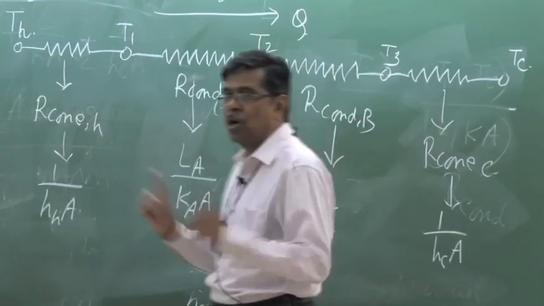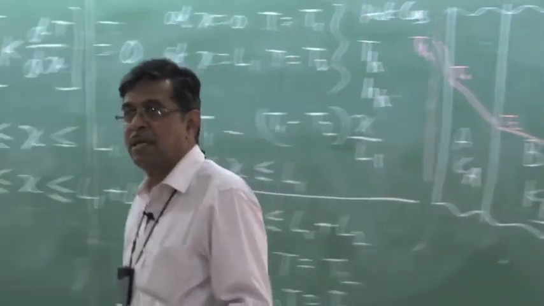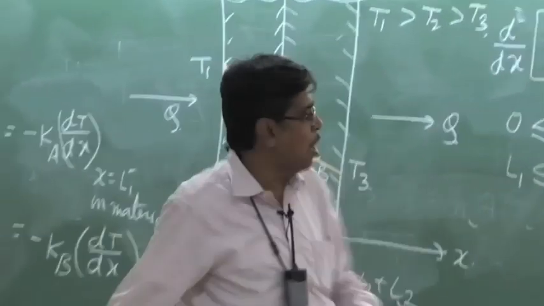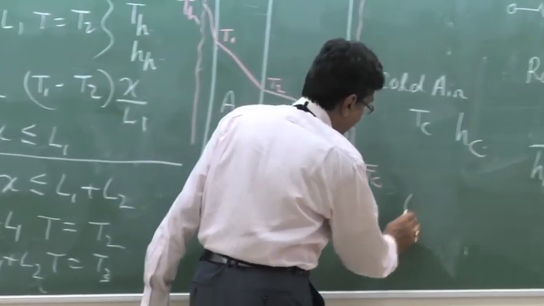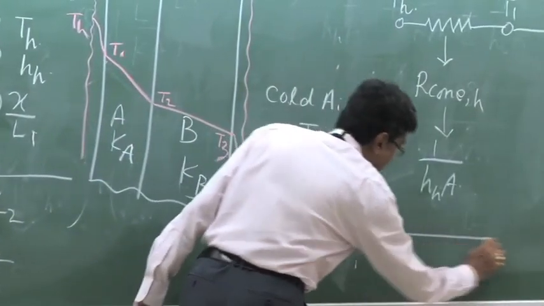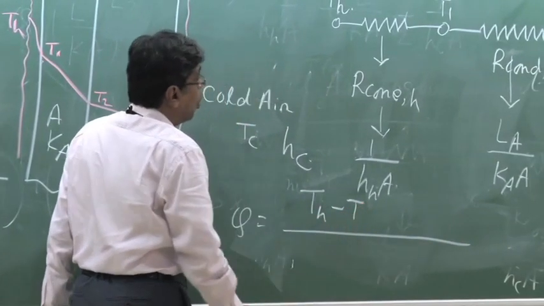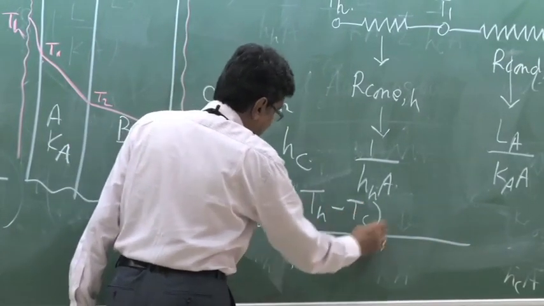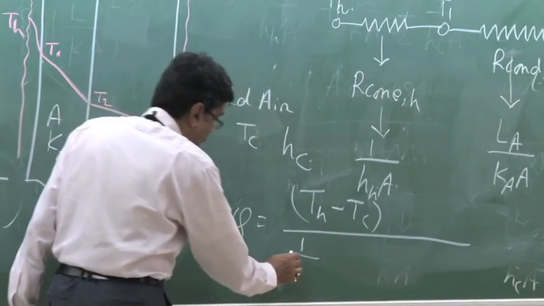So if one can draw this electrical analogous circuit as a combination of resistances, then the problem is solved, and we can then write Q as the overall temperature difference divided by the total resistance. If the problem is prescribed in terms of the overall temperature difference, it is the same as a single wall.